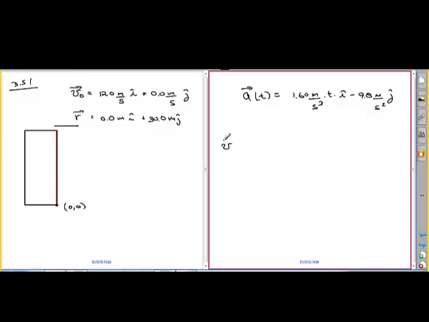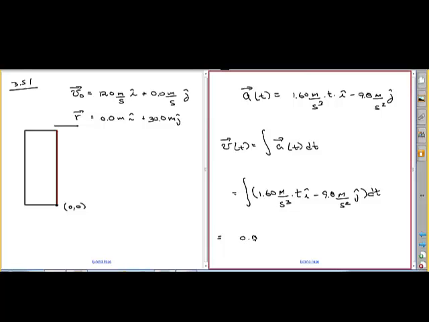So the velocity vector as a function of time is the integral of the acceleration vector with respect to time, times dt. So we plug in the acceleration vector times dt. We integrate those, and you do them separately. The integral of t dt is t squared over 2.